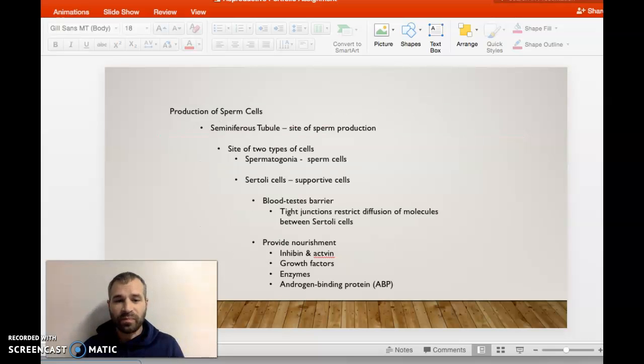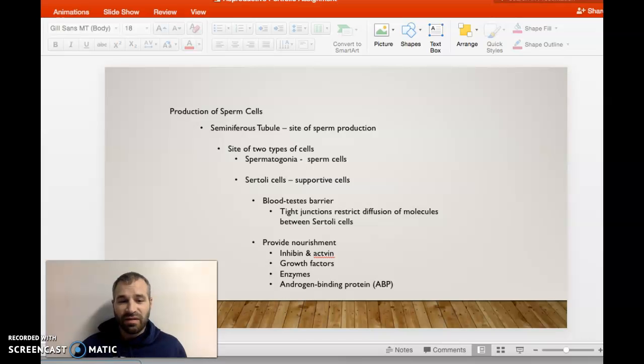Moving along. As stated in slide 1, the seminiferous tubules is where the genesis of sperm reproduction begins. Within these seminiferous tubules, there are two types of cells which we can find. The first one is the spermatogonia cells, which give way to spermatids, and the supportive Sertoli cells, which help or nurture these spermatogonia cells.